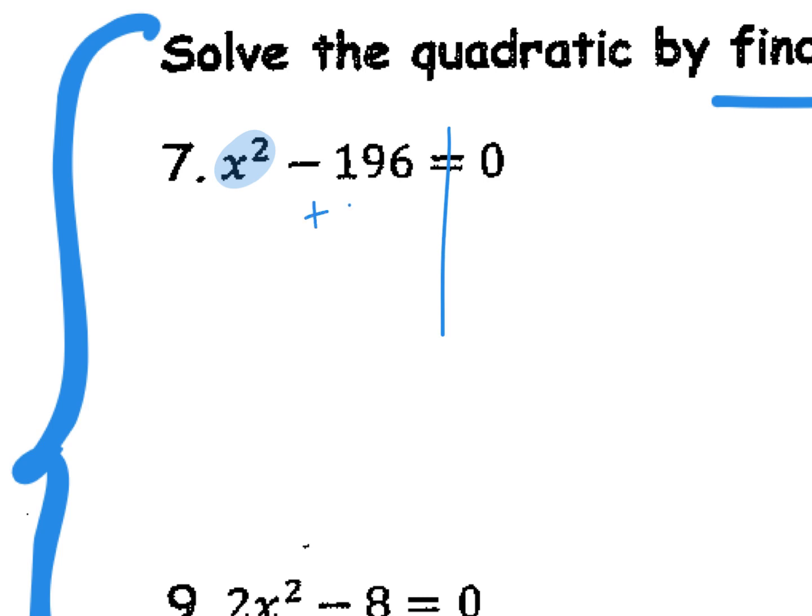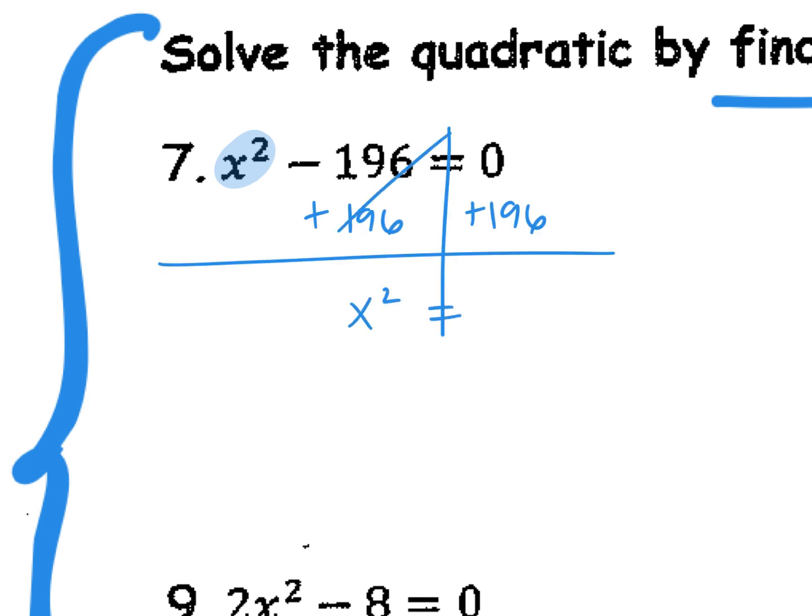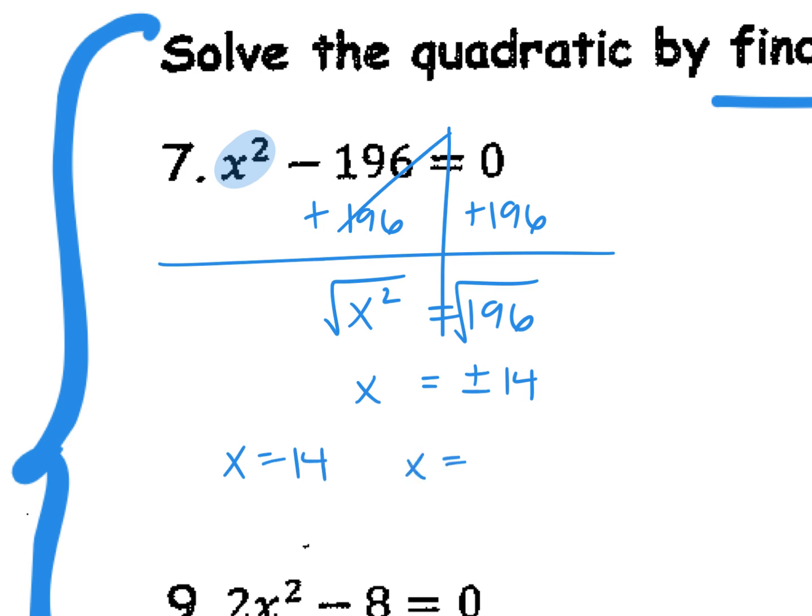So I'm going to first start by adding 196 to both sides. And then I get that x squared equals 196. And to get rid of that little 2, we're going to take the square root of both sides. And when I take the square root, I end up with 2 answers of positive and negative 14. So I can either write it like this, or we can write x equals 14 and x equals negative 14.